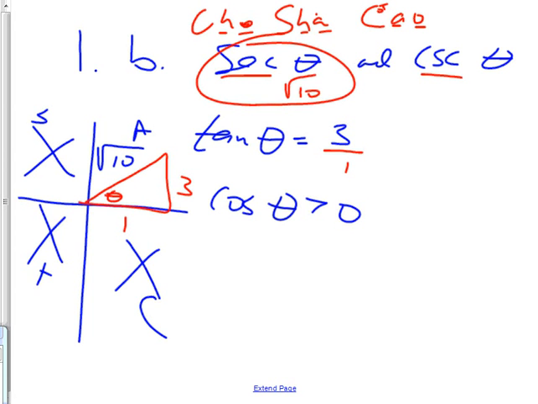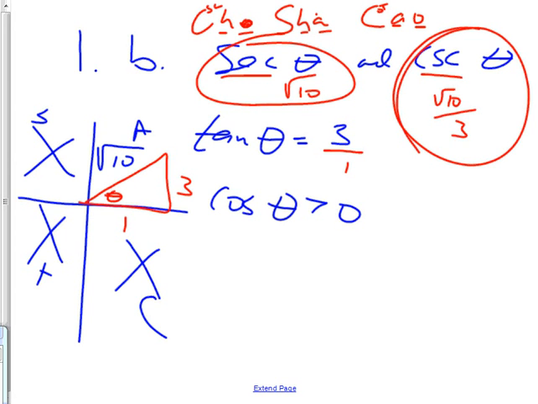So instead of sine is opposite over hypotenuse, it's hypotenuse over... Let me think. Oh, I get it. So this is close, man. Yeah, sorry. So it's hypotenuse over opposite. All right, so hypotenuse is square root of 10, and the opposite is 3, so it's root 10 over 3. Took a while, but those are the two answers you need for 1b. Any questions on that one?